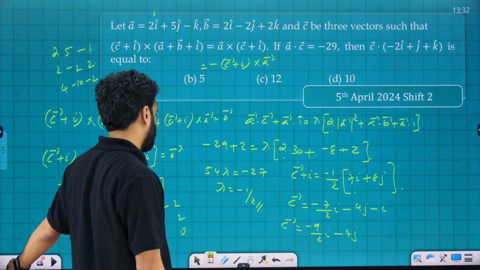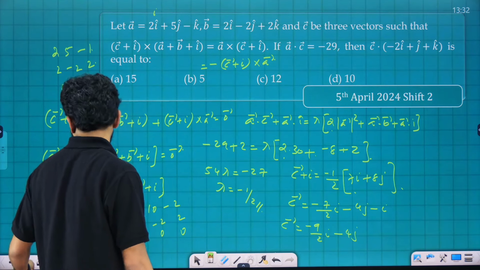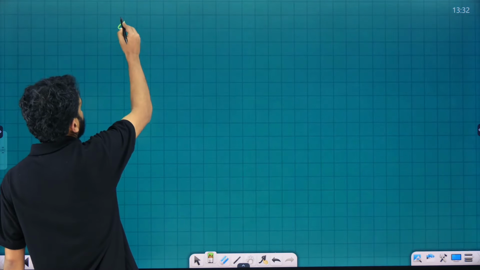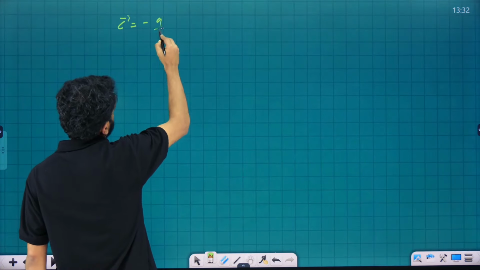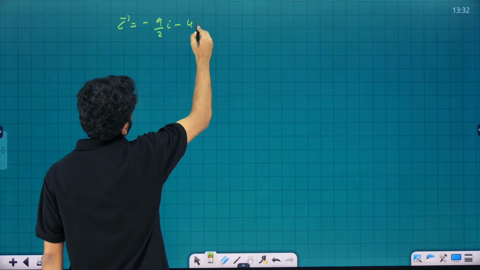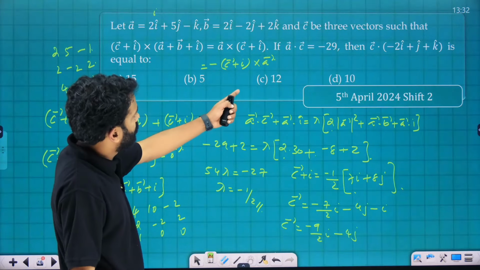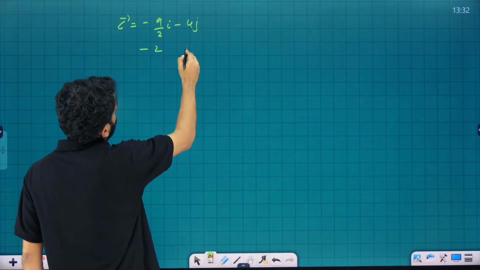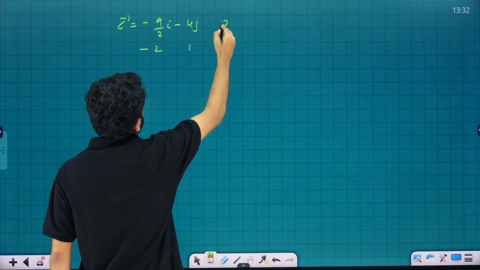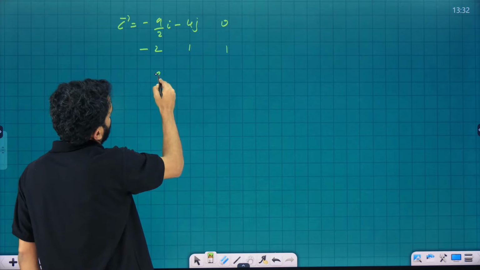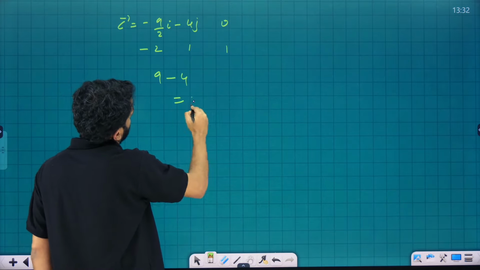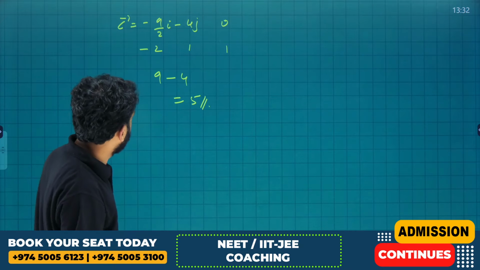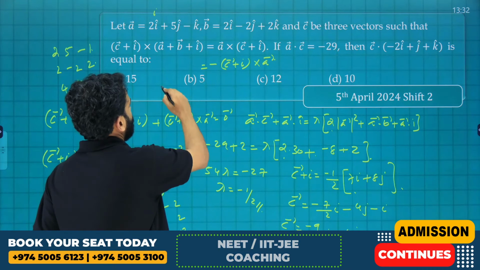That is vector C is equal to minus 9 by 2 I minus 4J, and this is minus 2, 1, 1. This is 0 here. That is 9 minus 4, that is the value is 5. Is 5 in the option? Yeah, this one is the correct one.